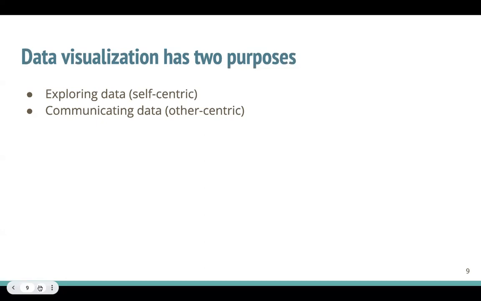However, the type of data visualization we will be stressing in this session is about how we can communicate data. So this is a very other-centric view of data, how you're communicating a story from the data. You're really focusing on others in this process, and that might be your reader, in a business setting your client, whatever, but it's not you who's important.